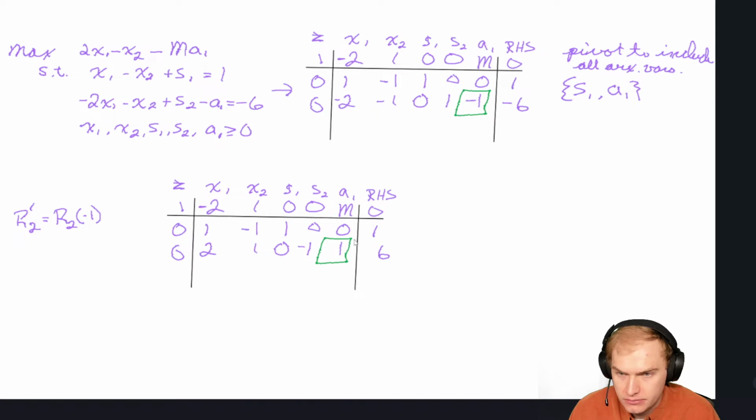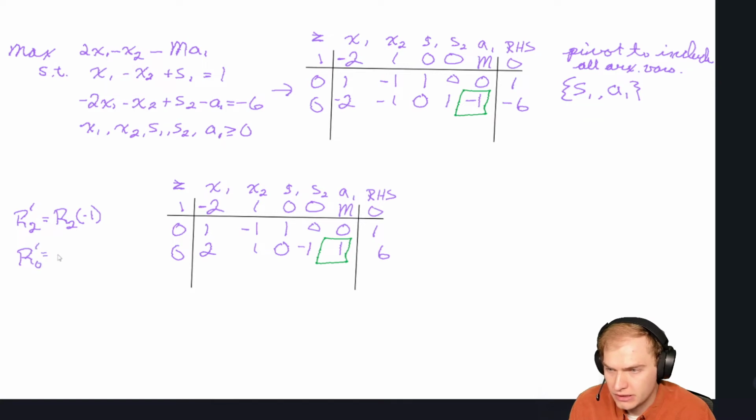Then we have a 0 already in row 1, so row 1 doesn't need any alteration.